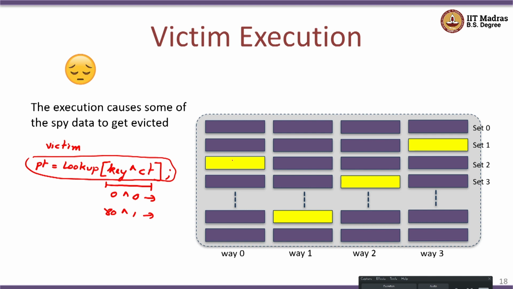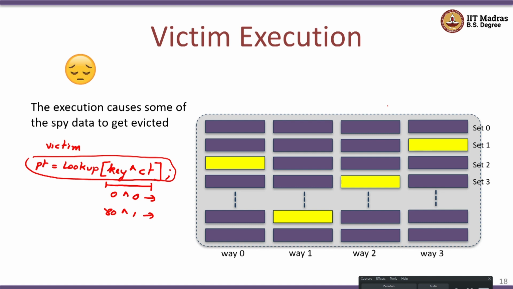And since the cache is shared between multiple processes sharing the CPU, such an access would evict the spy's data and replace it with the victim's data. As we see over here, the spy data, which is blue, sometimes gets evicted and replaced by the victim data, say in set 1, set 2, set 3, but not in set 0 and set n minus 1.